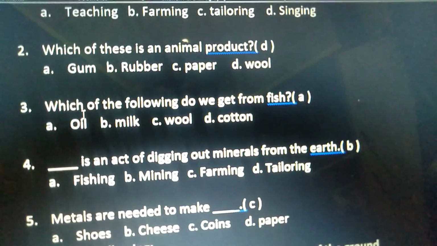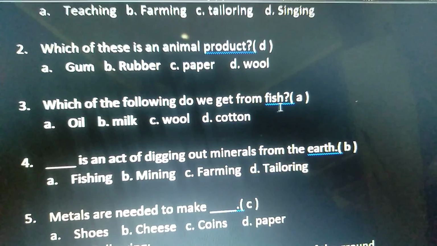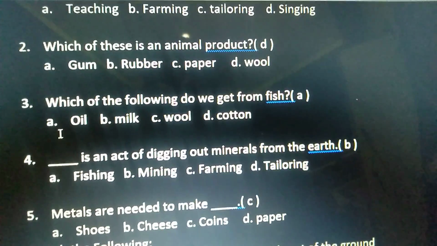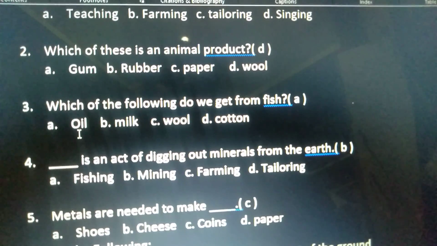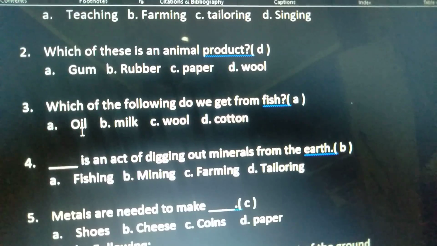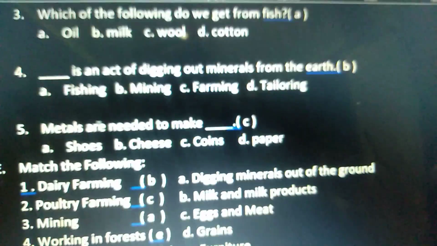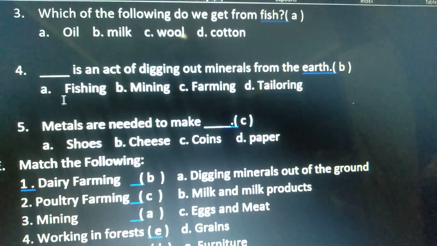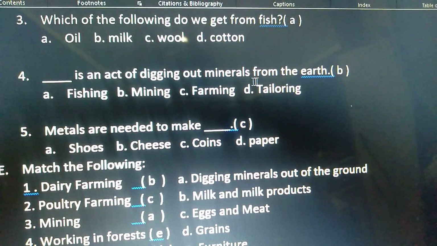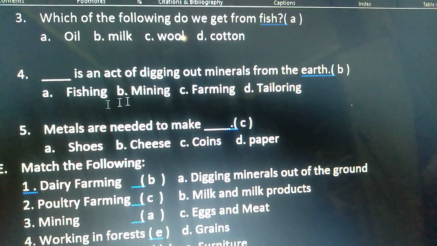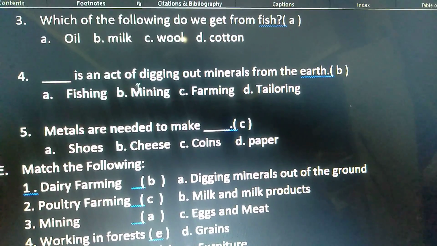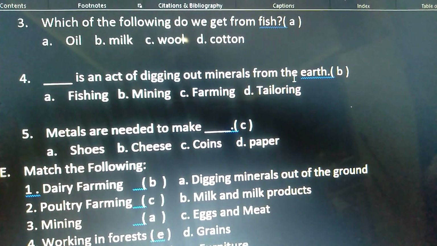Third one. Which of the following do we get from fish? Oil. Fourth one. Dash is an act of digging out minerals from the earth. Mining. Mining is an act of digging out minerals from the earth.